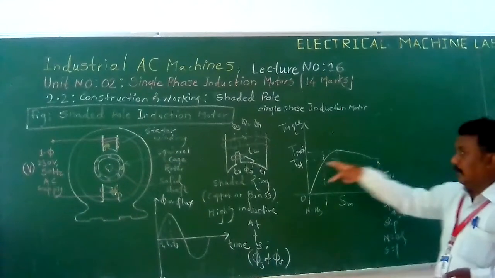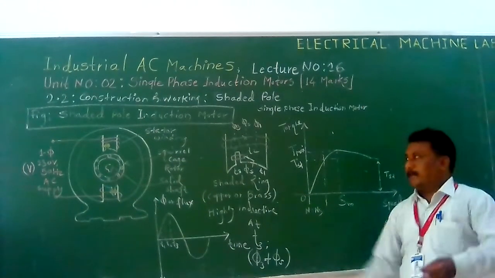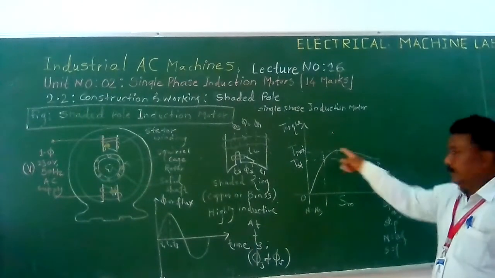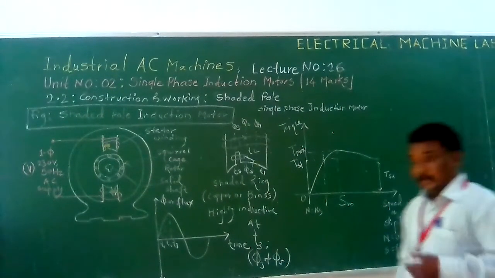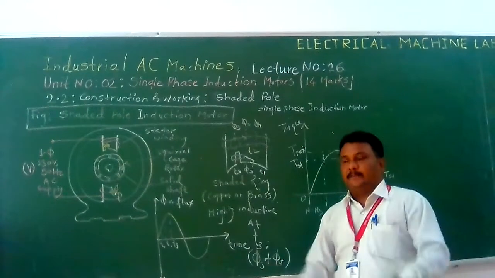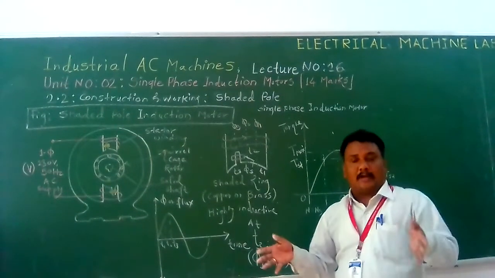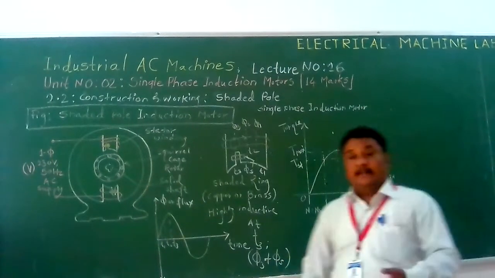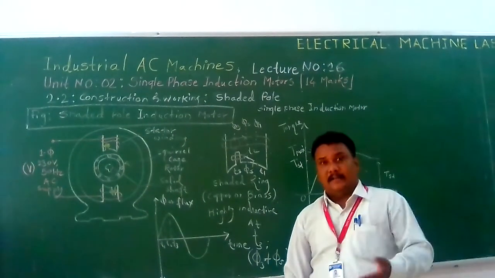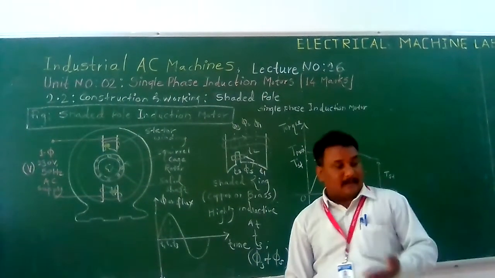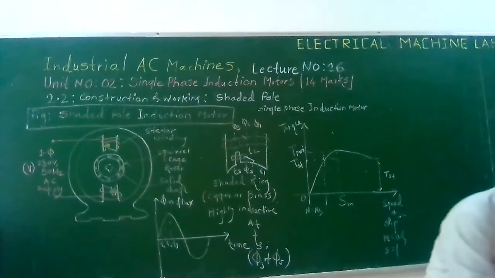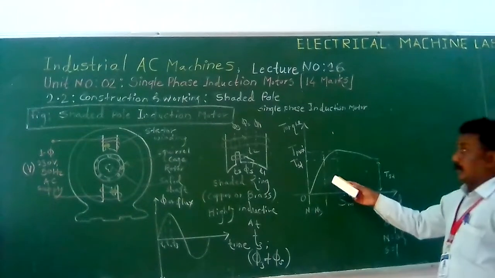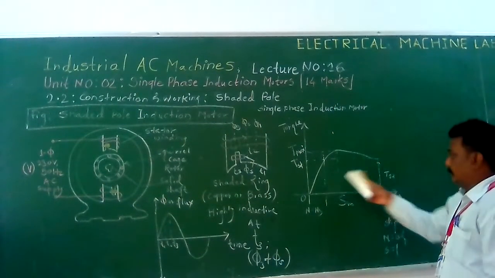Starting torque is 70 to 75% of maximum torque, and its starting period is quite long compared to other motors. It is able to start and run heavy loads also. Now this is the torque slip characteristic of a shaded pole induction motor.